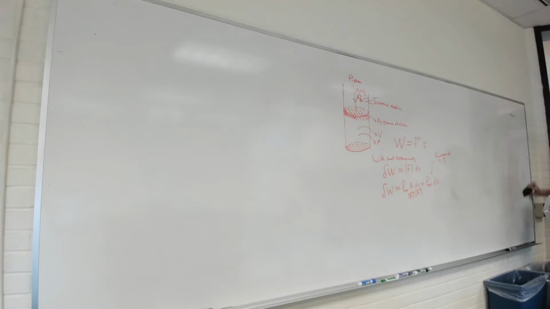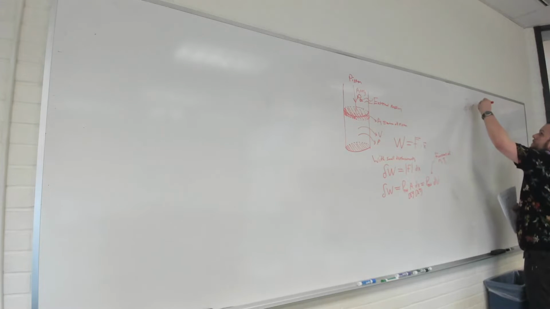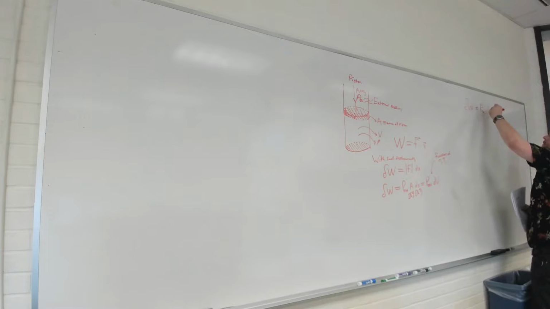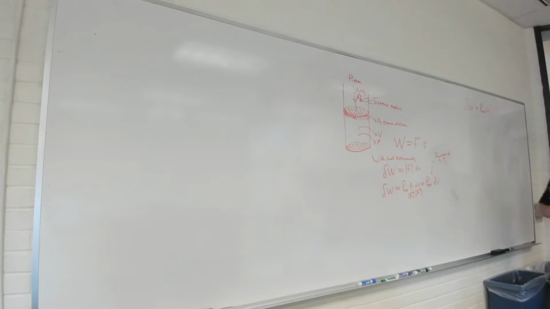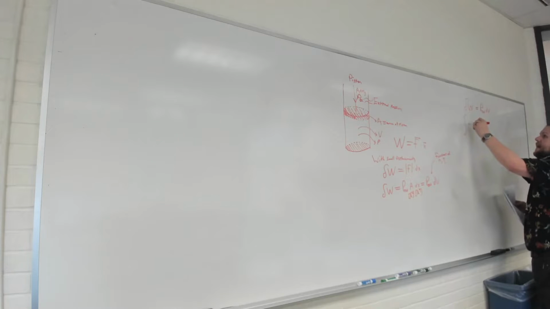So if you were given this equation, and this were calculus 1, I would say, okay, in order to calculate the total change in work as I compress the piston, I would integrate both sides.